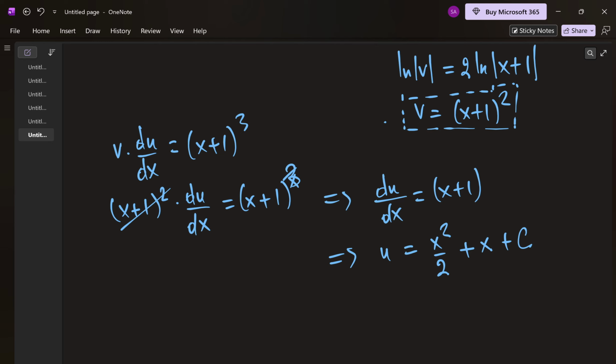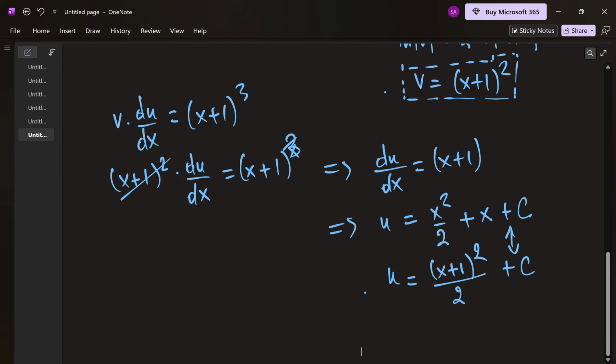Also a similar solution, you could also rewrite it like this: x plus 1 squared over 2, if you integrate with respect to x plus 1, which is the same, plus a constant c. Those two are possible solutions. They are both correct.